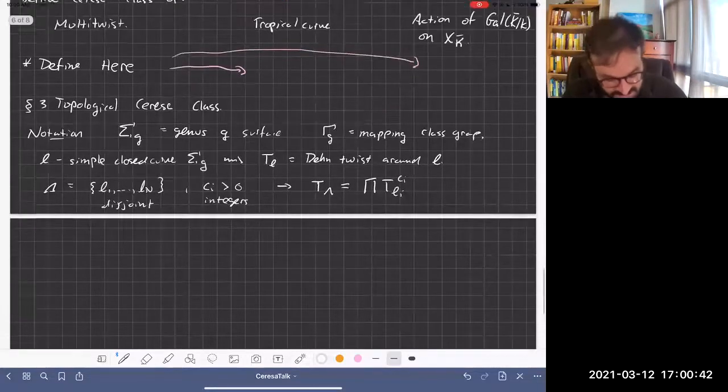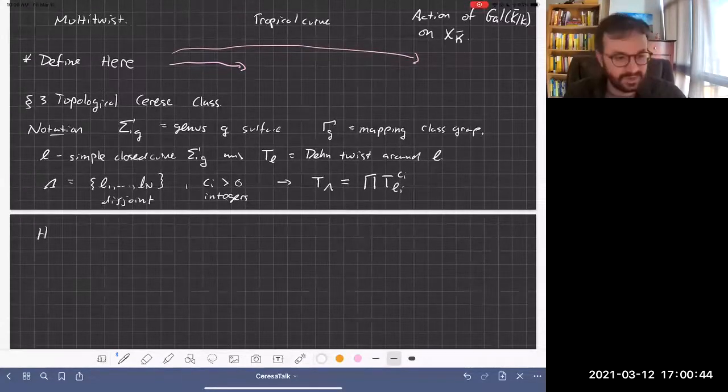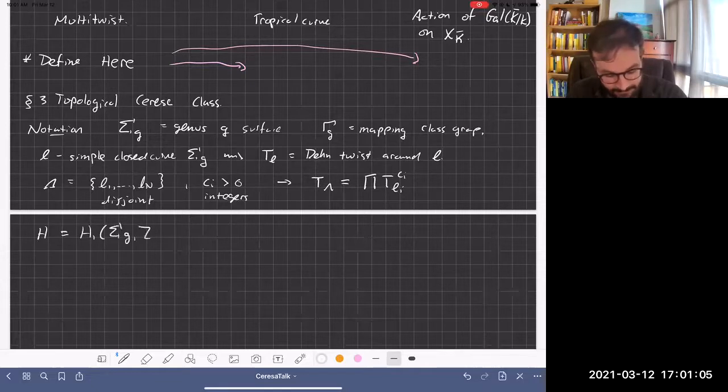Okay, so what I'm veering towards at the moment is I want to define the Johnson homomorphism from topology, and we're going to use this Johnson homomorphism to define the Ceresa class. So let H be the first homology group, and L is going to be the third exterior power of the first homology group.